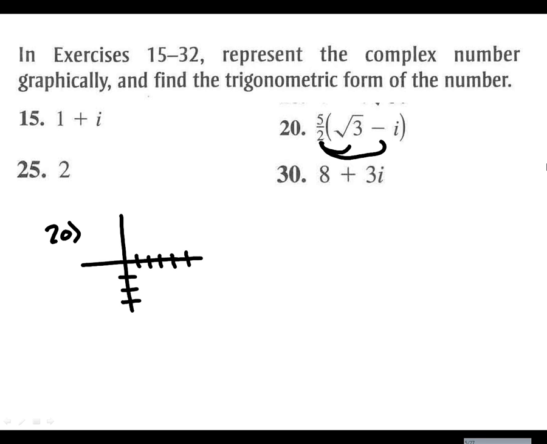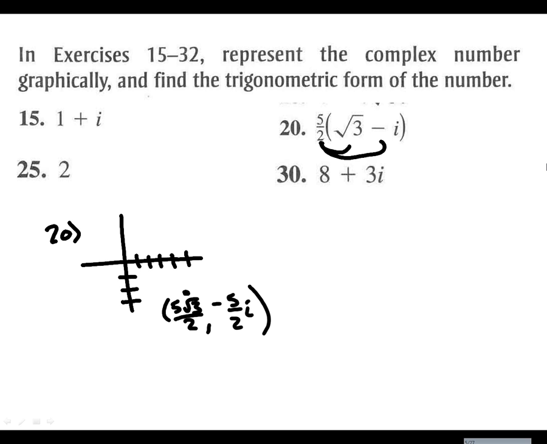Well, it is -2.5. So that's going to end up being right there. So we'll have 5√3 over 2, comma, -5/2i, if we distribute the 5/2.